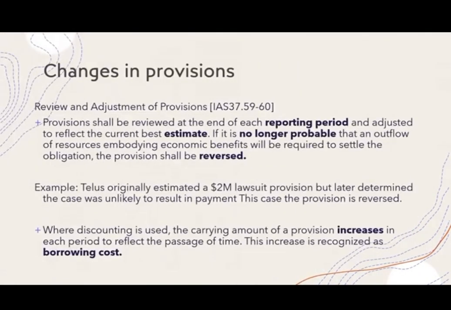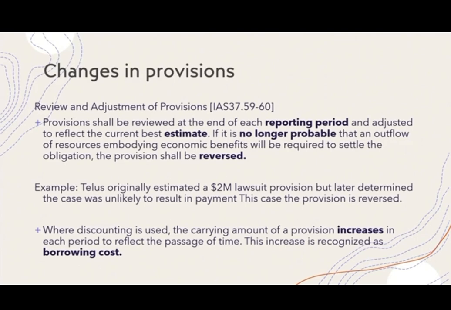Change in provisions: review and adjustment of provisions. At the end of each reporting period, an entity must review provisions and adjust them to reflect the current best estimate. If new information suggests that the original estimate was too high or too low, the provision must be adjusted.